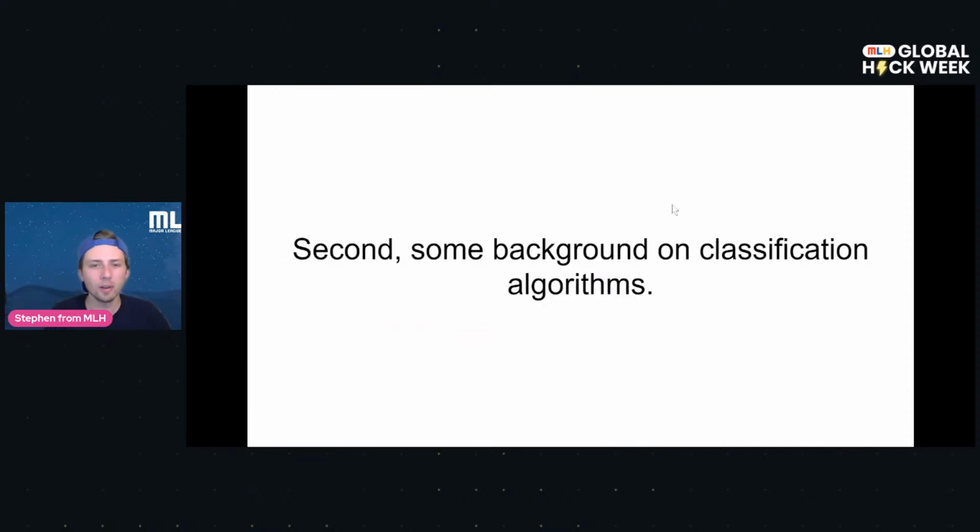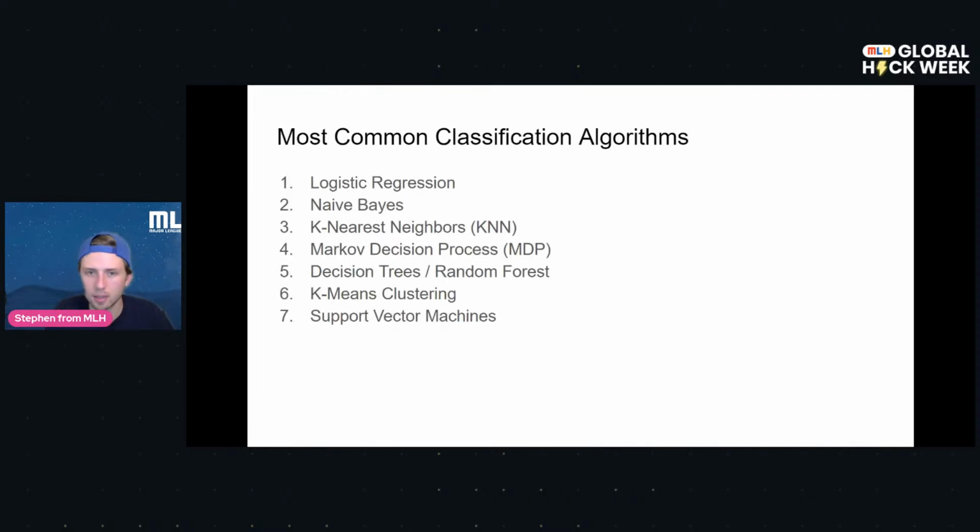But we're going to first give some background on classification algorithms, because first we checked in. Second, we'll give some background on classification algorithms. These are really what we're going to be using to determine whether our fruits are too ripe. Just a few common algorithms for you to think about for classification. The first few, logistic regression.